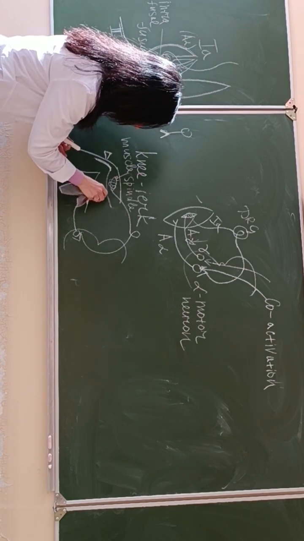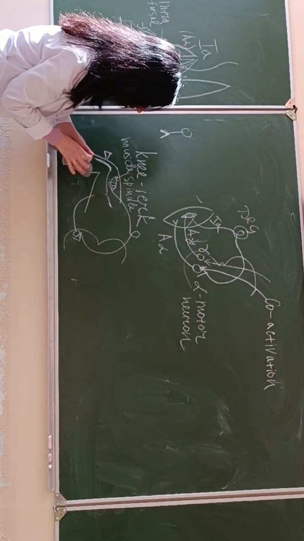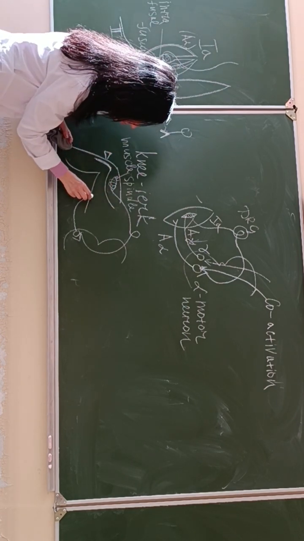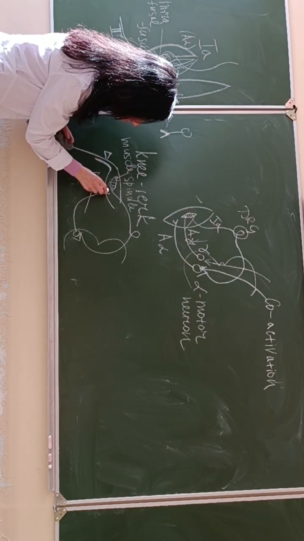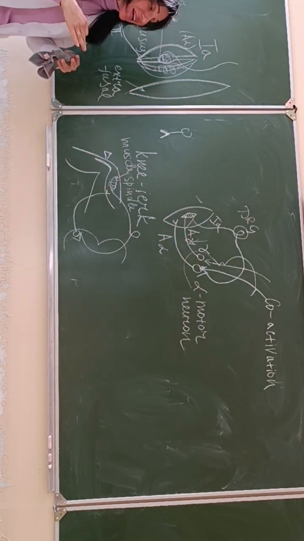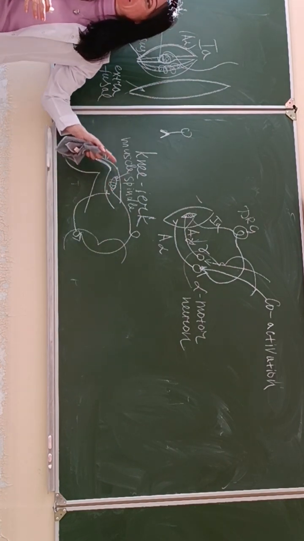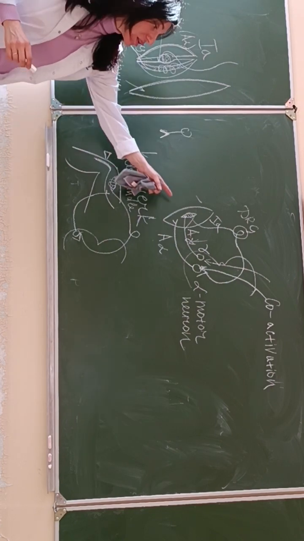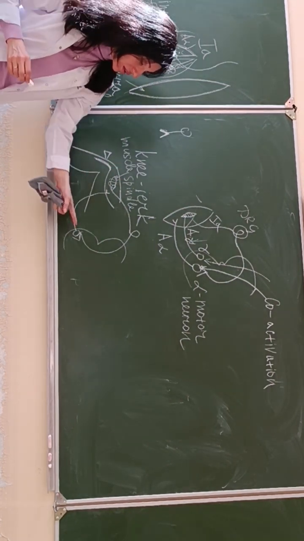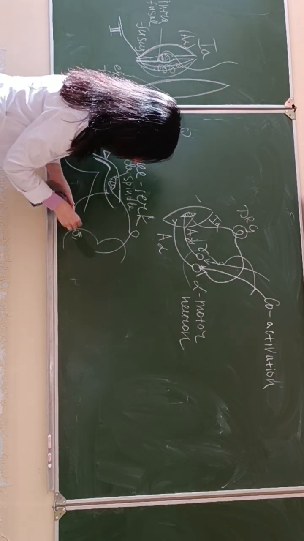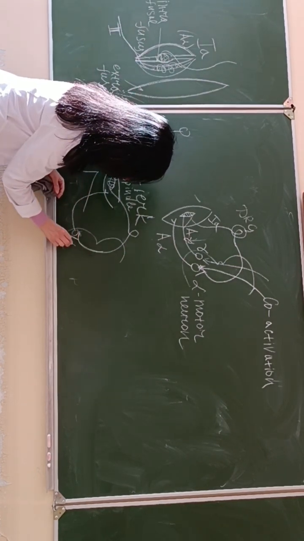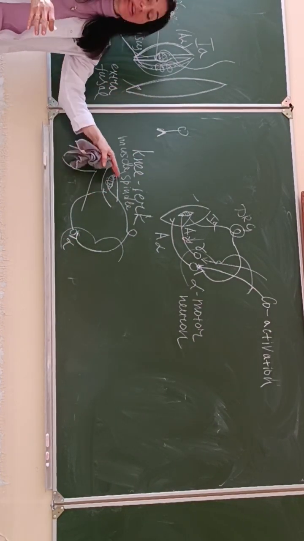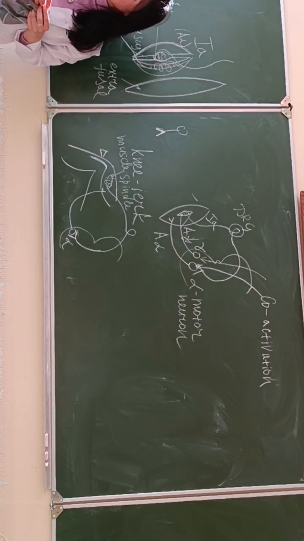I will show more clearly. The synapse of the alpha motor neuron must be on the extrafusal fiber, not on the intrafusal. Intrafusal fibers are innervated by gamma motor neuron, but here, alpha motor neuron. The synapse is inside the muscle, not on the receptor. Understand?